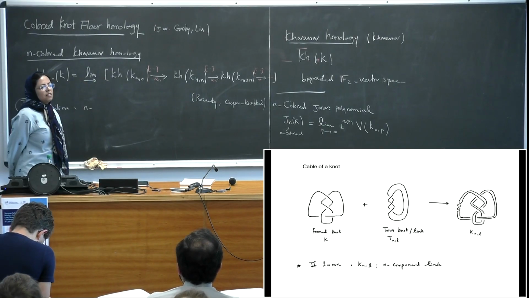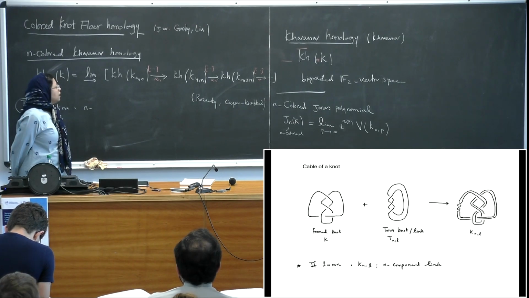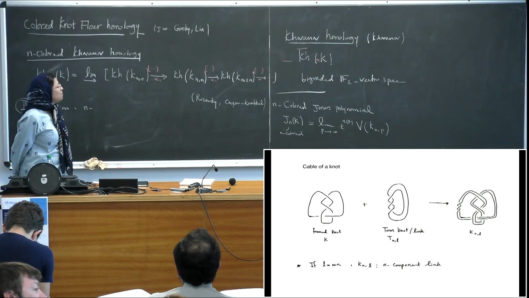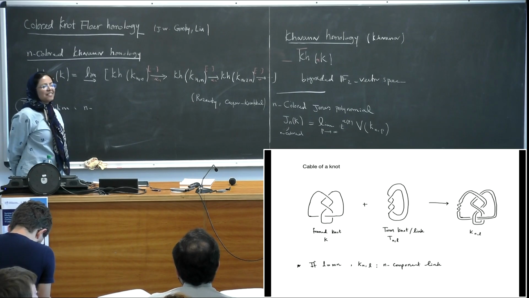Yes? Can you say a few words about the maps? Are they canonical maps? A great question. They come from these projectors, and I think Paul, who is sitting in front of you, knows better.